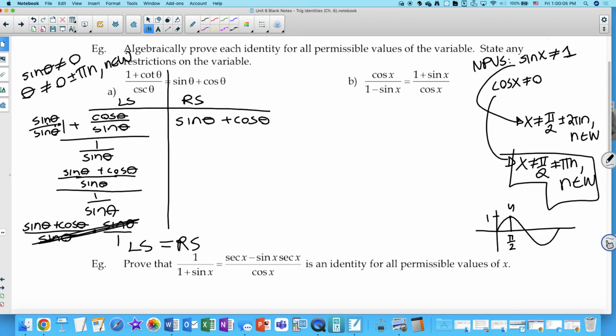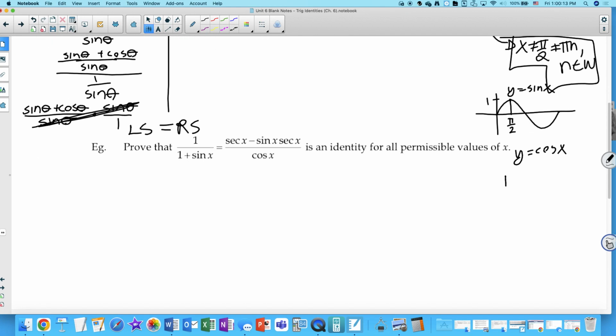And then for y equals cos x, it's equal to 0 twice per cycle. So here's pi over 2, and here's 3 pi over 2, and then it just keeps going. There's a space of pi here, so it happens every pi that it's equal to 0. Okay, so it's just another way of seeing things. And at a certain point, certain things will get tattooed to your brain.